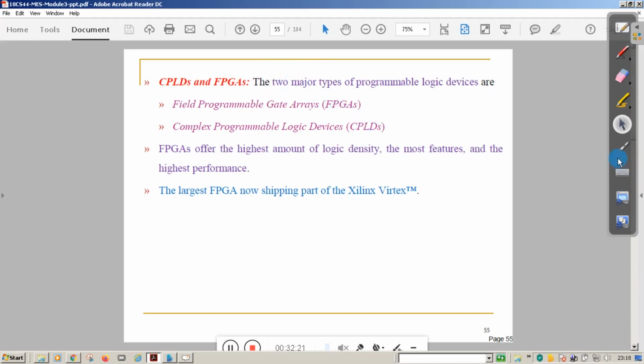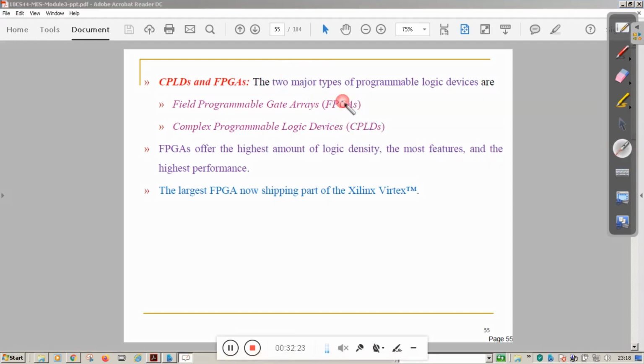FPGA is a programmable logic device which can be reconfigured to perform any function by software. This has several planes, and each plane contains millions of gates, like AND gates, OR gates, NOT gates, and all these can be programmed by using software. The great advantage of FPGA is that the chip is completely programmable or reprogrammable.